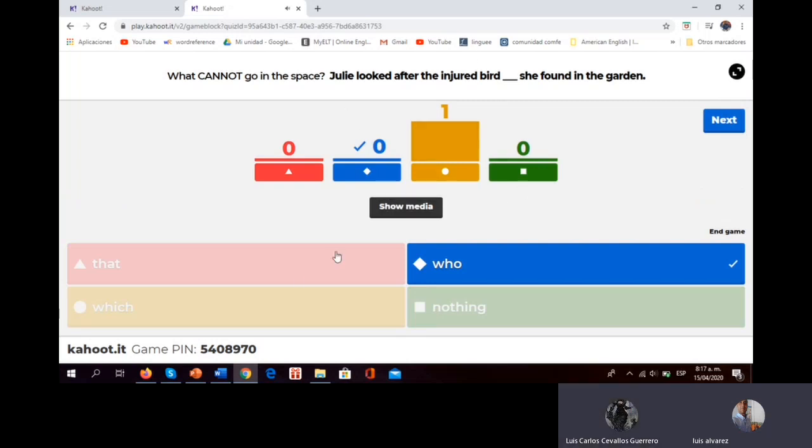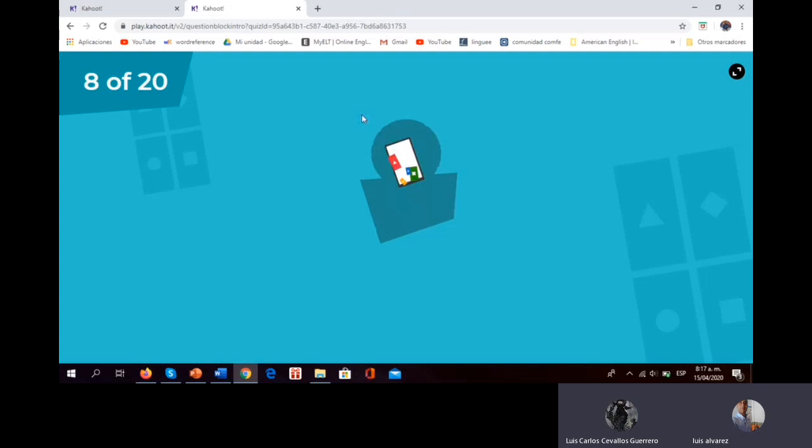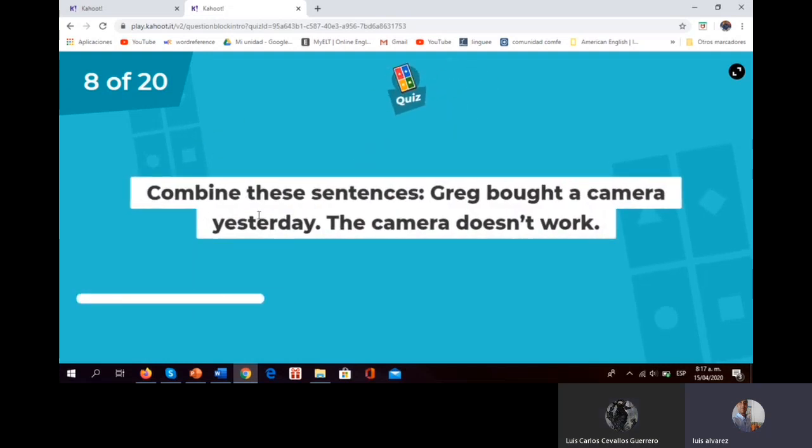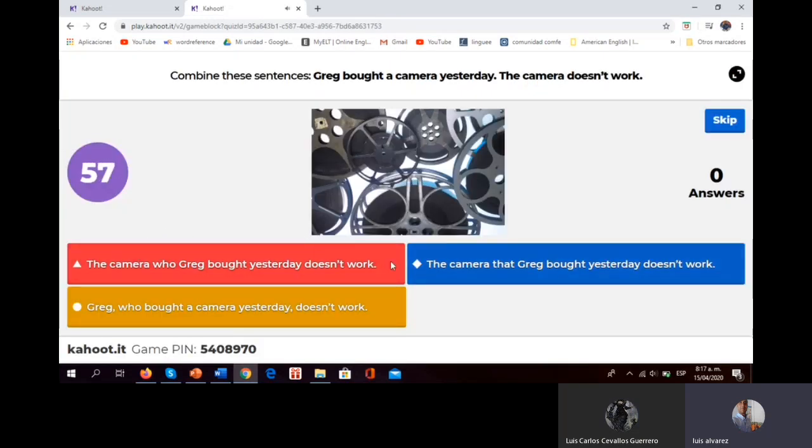Who? And the answer is which, because we were talking about an animal. Okay, I need another correct one. Combine the sentences. Greg bought a camera yesterday. The camera doesn't work. Which is the best option combining the two? Select and click the correct response.